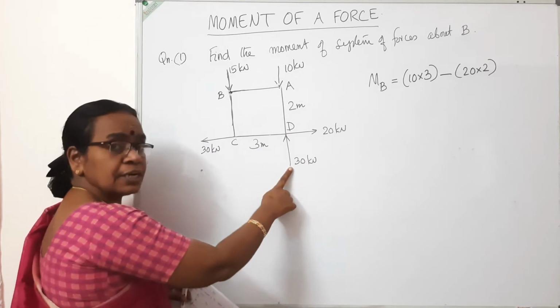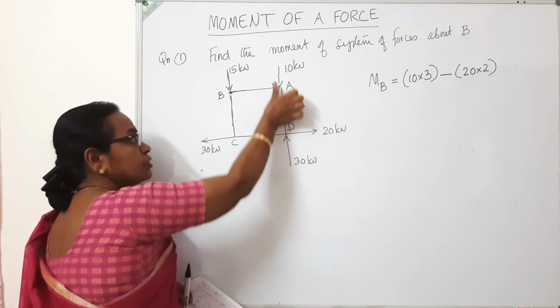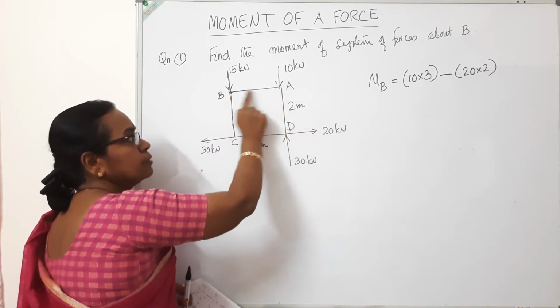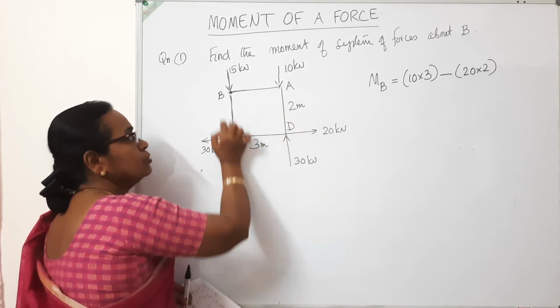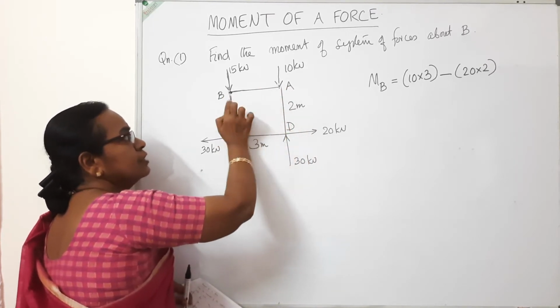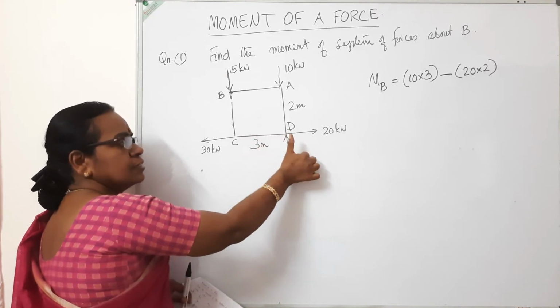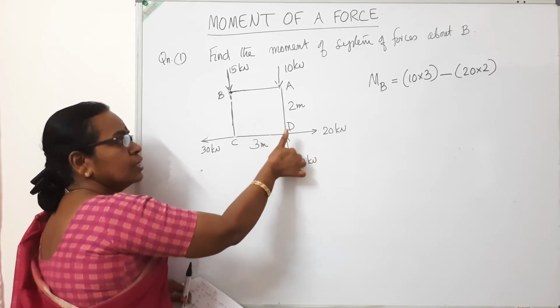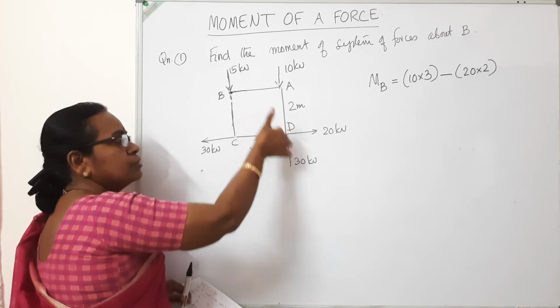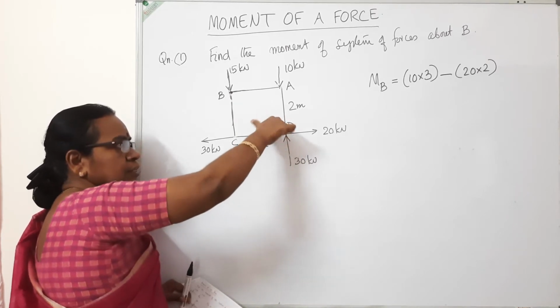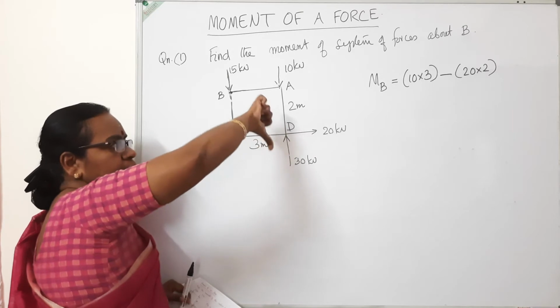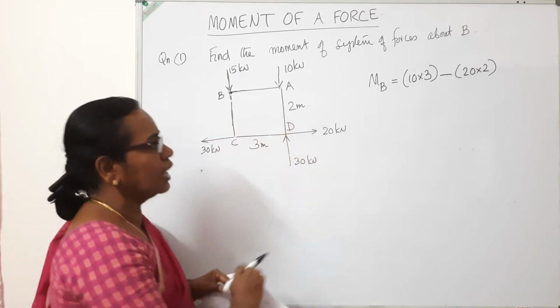Now consider this 30. This is the line of action. This is the point. So this is the perpendicular distance. From the line of action to this point, the perpendicular distance is AB or DC. So 30 into 3. This is the direction. Rotate your thumb in this direction about B. From here, rotate it. So it goes anti-clockwise. So 30 into 3 anti-clockwise.